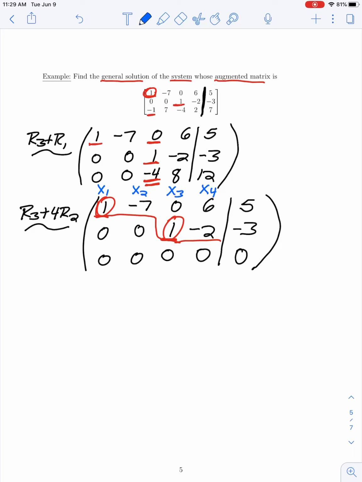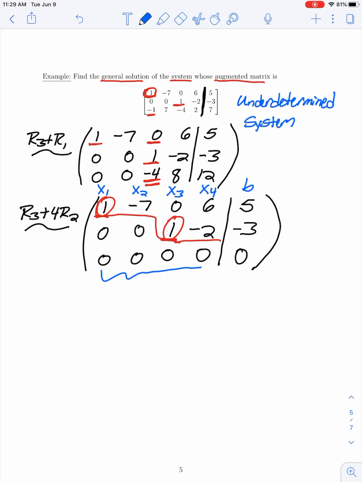For the third column, x3, fourth column, x4, and then we have some constant values on my right-hand side. So here we have an augmented matrix which is 3 by 5. So I have 3 linear equations in 4 variables. Again, this would refer to an underdetermined system.